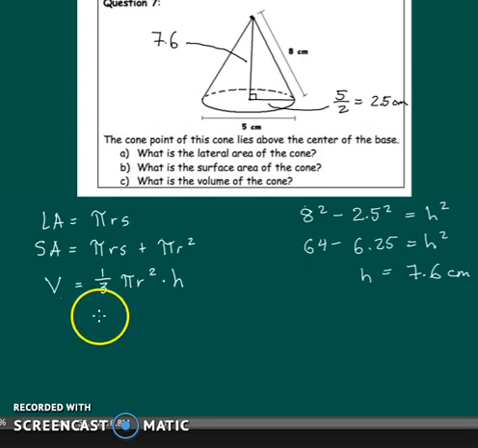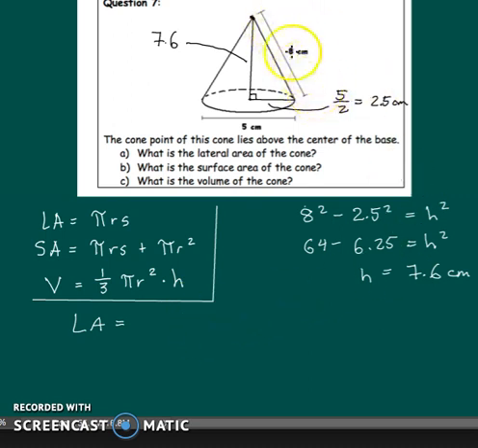So let's start with the lateral area. What is lateral area? So the lateral area is just the surface area, not including the base. And if there was another base, if it was a cylinder, we wouldn't be including either of the bases. So lateral area is equal to pi times the radius times the slant height.